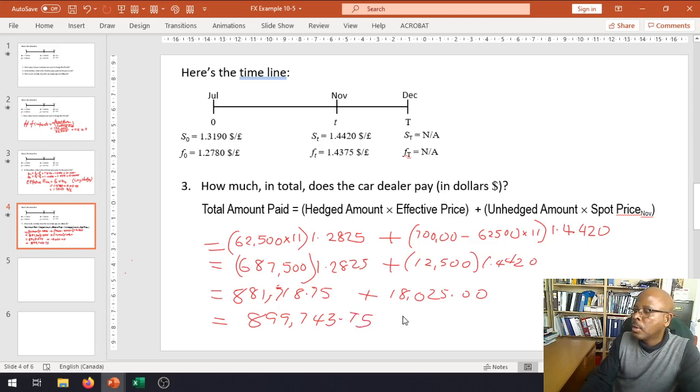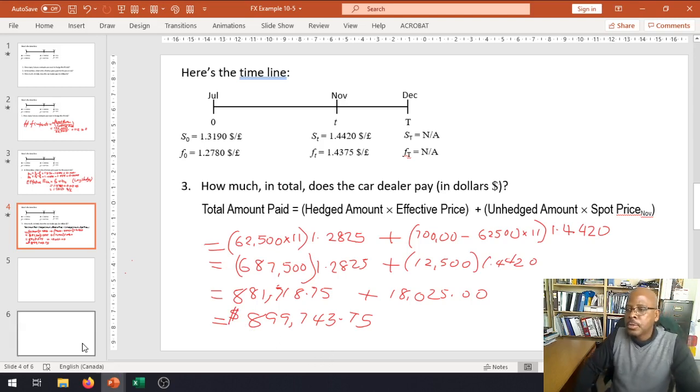So this is the total amount then you pay, and this of course is in dollars. And so this is the amount you pay for the 700,000 pounds sterling in the future.